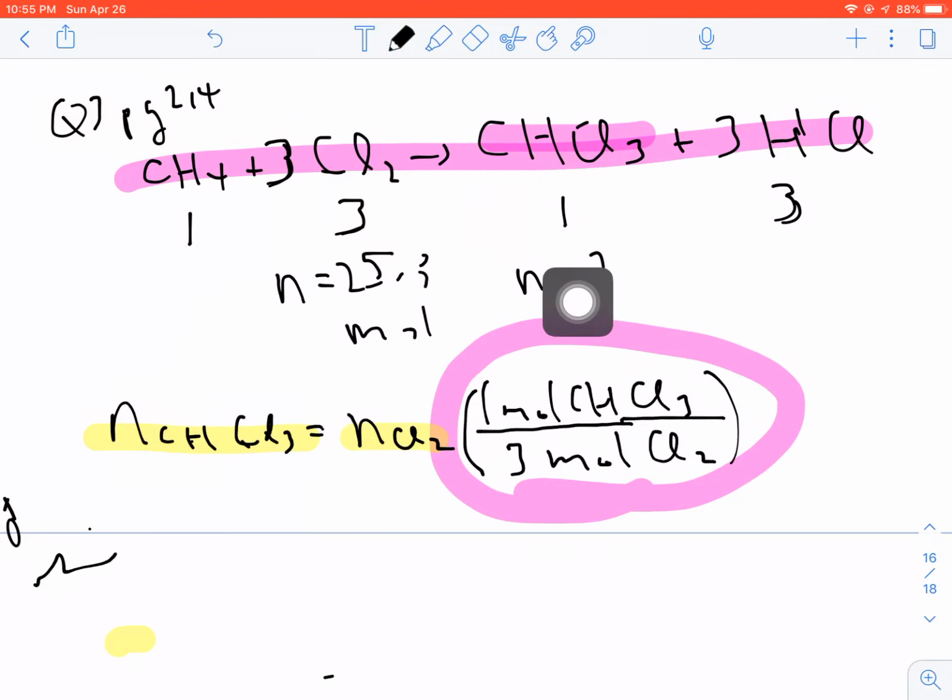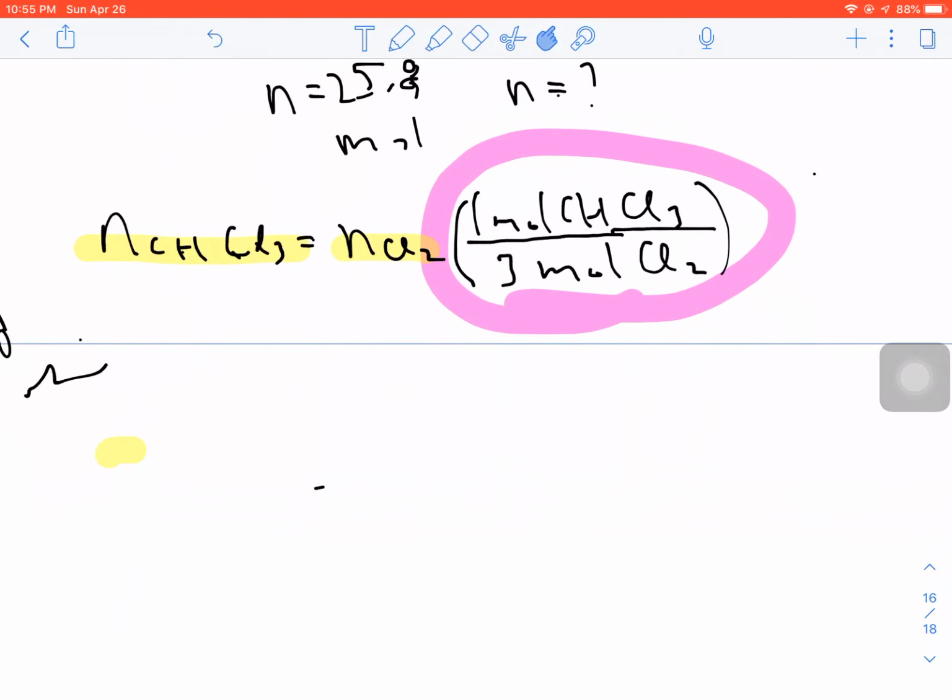My given is the number of moles of chlorine gas. Sorry, it was 25.8 moles. Number of moles of chlorine gas, and then the 1 and the 3 have come directly from my balanced equation. So let's put the numbers in here now for what we have. Let's get rid of some of this stuff.